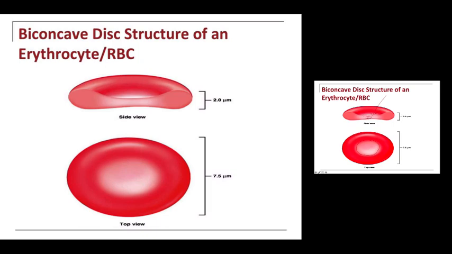Light's going to pass through this a lot easier. So this section is going to appear to be lighter than this section, the periphery, which is going to be darker, hyperchromic. Okay, you're going to hear hypochromic and hyperchromic in certain types of blood pathologies as well, like with certain anemias. You may hear of things hypochromic or hyperchromic.